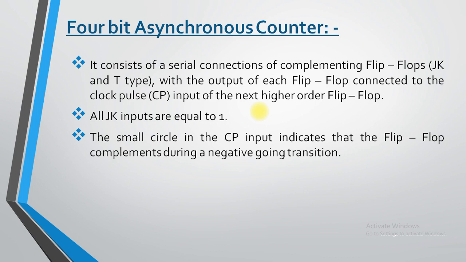It consists of a serial connection of complementing flip-flops like JK and T flip-flops, with the output of each flip-flop connected to the clock pulse input of the next higher order flip-flop.